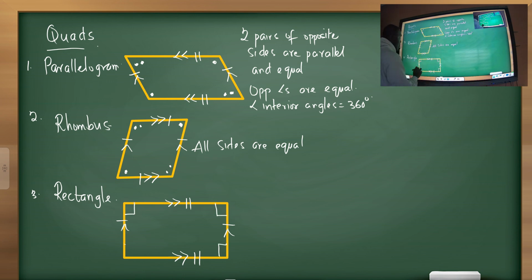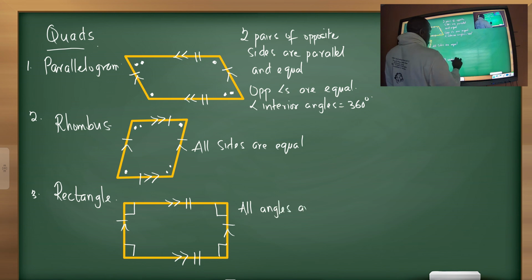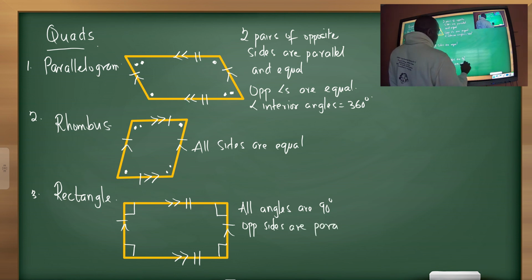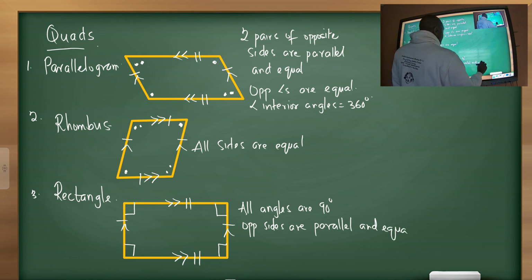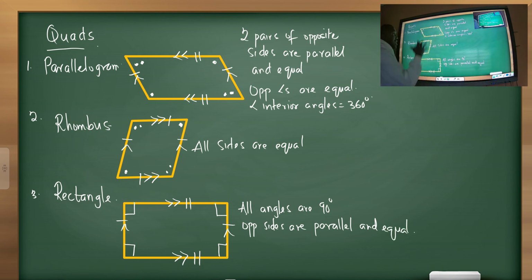And since opposite angles are equal, it means that all the angles are 90 degrees. All right? Opposite sides are parallel and equal. So that's the basic difference. But interior angles again would sum up to 360 because 90, 90, 90, 90 would sum up to 360.